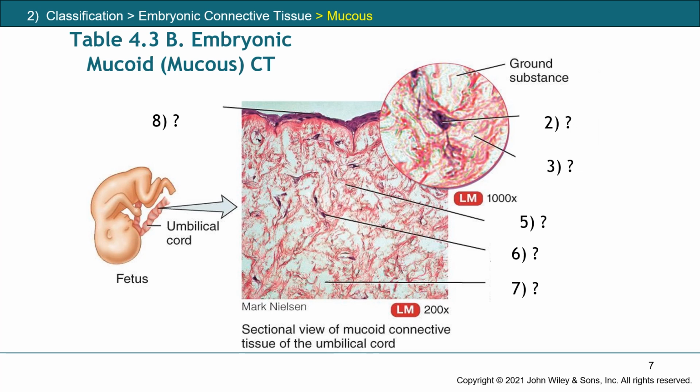Then in purple, you see something that looks like a nucleus, and it will be a nucleus of what? Of a fibroblast. Very easy. Now in red, they show you all these fibers, those are collagen fibers. And now here you're going to observe the same images, but at 200 magnification.